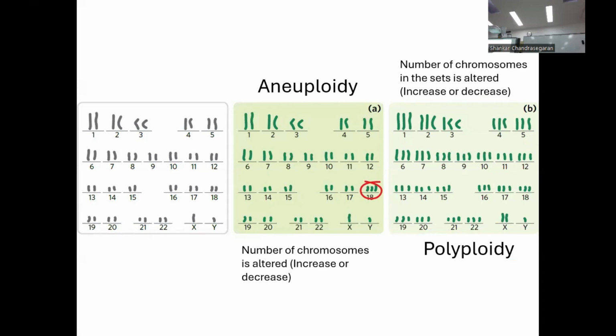In polyploidy, the number of chromosomes in the sets altogether has been changed, where each set suddenly has 3 chromosomes instead of just 2, and this can greatly impact the survivability of a living thing.